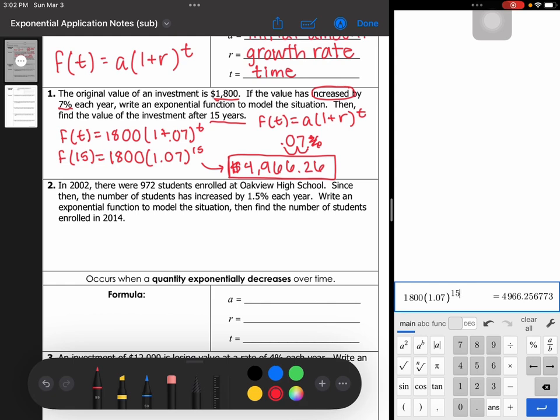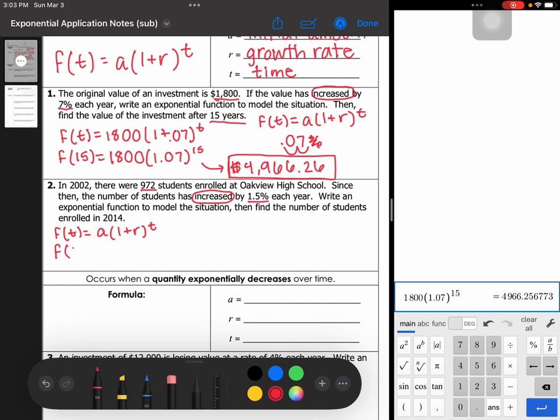We're going to look at the same thing for number 2. So in 2002, there were 972 students enrolled at Oakview High School. Since then, the number of students has increased by 1.5% each year. Write an exponential function to model the situation, then find the number of students enrolled in 2014. So we're going to start with that basic equation, f of t equals a times 1 plus r to the t power.